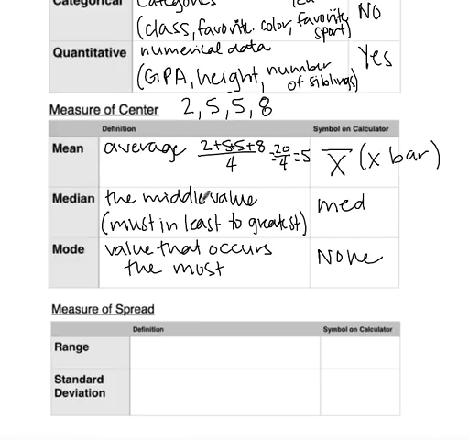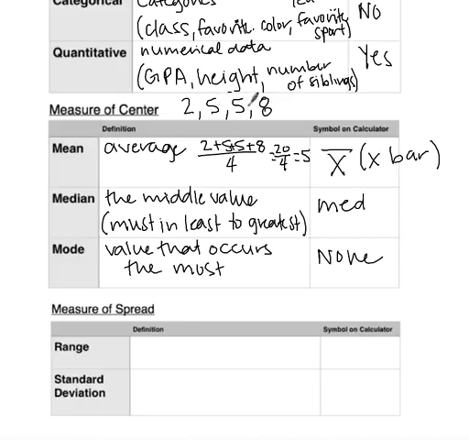If I was doing the median, that would be the middle value. Because I have 4 numbers, I would go and find the number that was between the second and the third number.